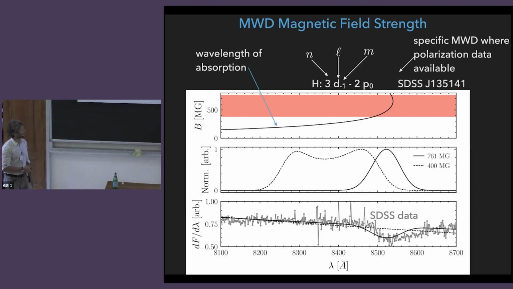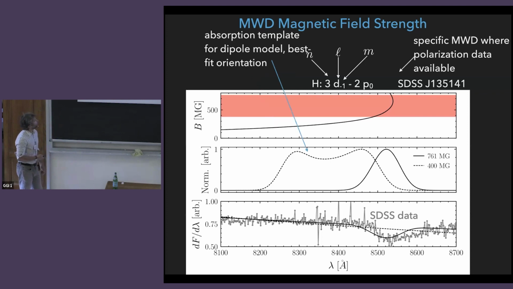So what you're seeing in this top panel is as we change the magnetic field, as we go up the y-axis, what is the absorption wavelength of this transition? And you can see as you go up and up and up in magnetic field, the transition wavelength changes and it goes up and up and up also. So if you have a dipole field, which is a good approximation to the magnetic field of a white dwarf, then you're going to see different magnetic field strengths on the surface.